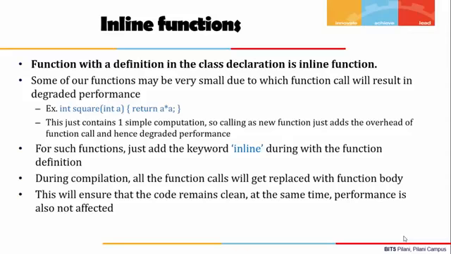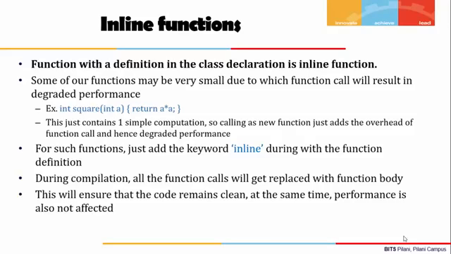That is, each time there is a function call in the source file, the actual code from the function is inserted instead of a jump to the function. So instead of taking a jump to the function, the code is copied when we use inline functions.